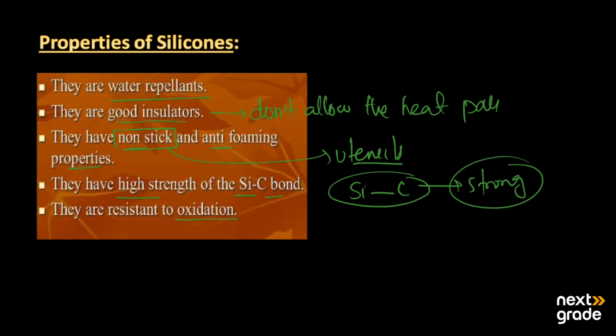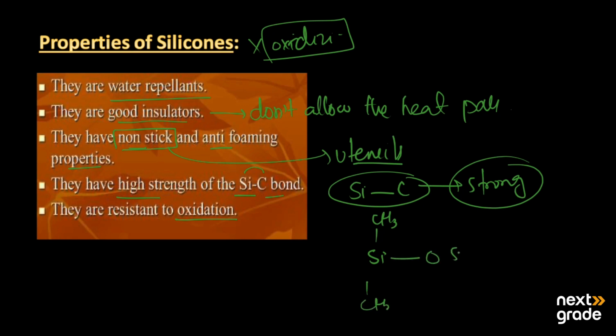It means silicones cannot be easily oxidized because the bonds the silicon makes with carbon are very strong. The silicon combines with two methyl groups and the oxygen, and again the silicon combines with two methyl groups. So the bond strength of silicon and carbon is very strong, and that's why it is resistant to oxidation.